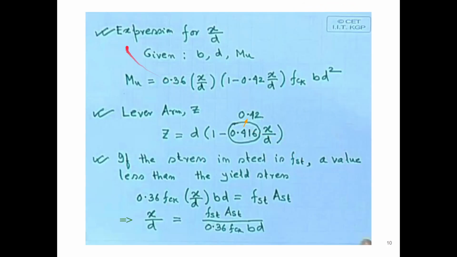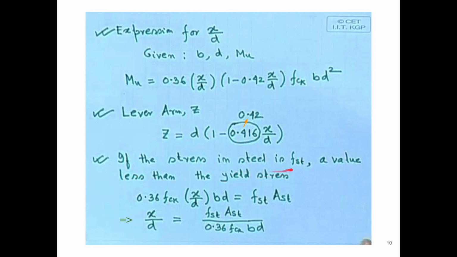In terms of x by d, the Mu expression is given as 0.36 x by d into 1 minus 0.42 x by d into fck bd squared. Lever arm is given as z equal to d into 1 minus 0.416 into x by d, which can be rounded off to 0.42.